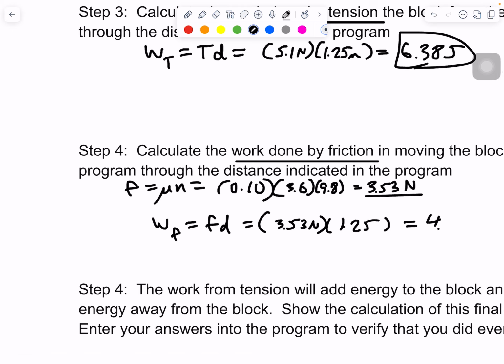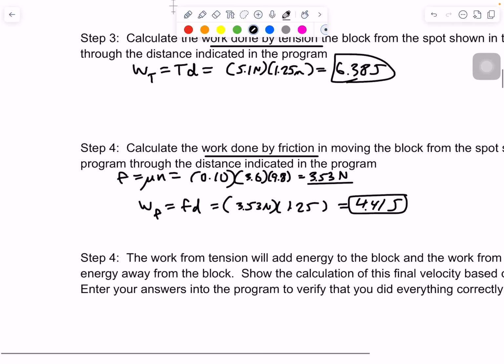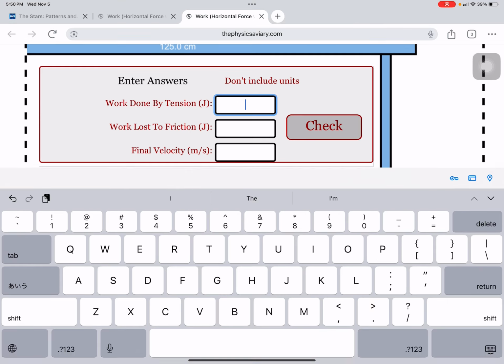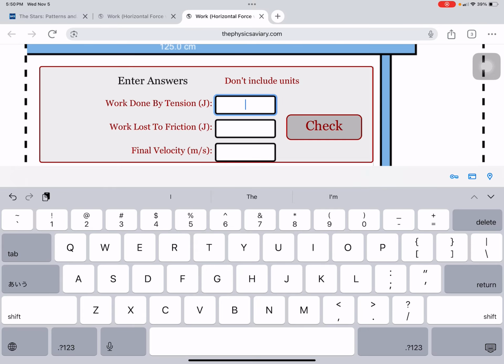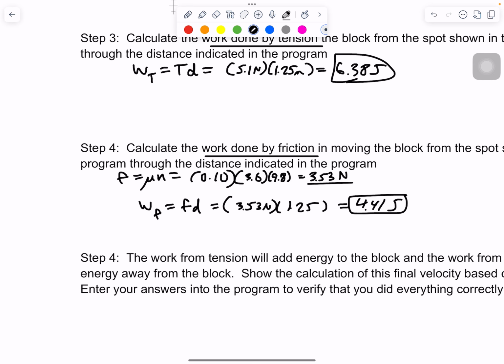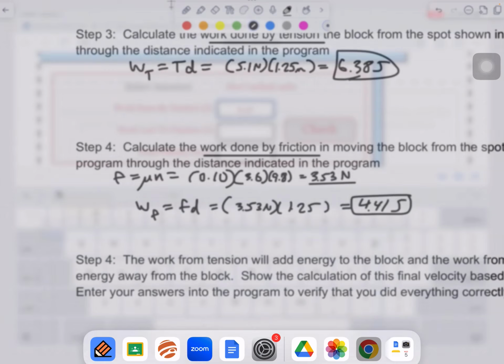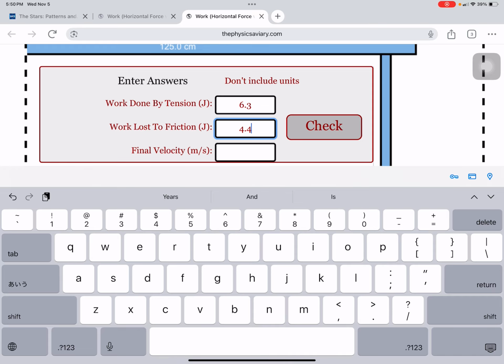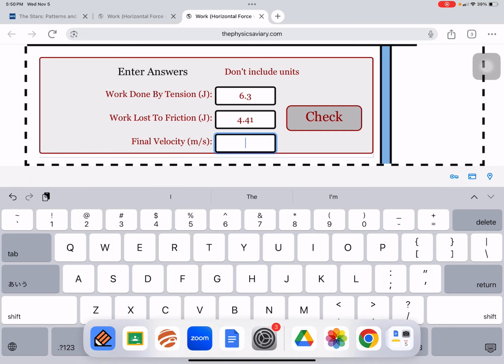Okay, about 4.41 joules. 4.41. Now we're going to find the final velocity.